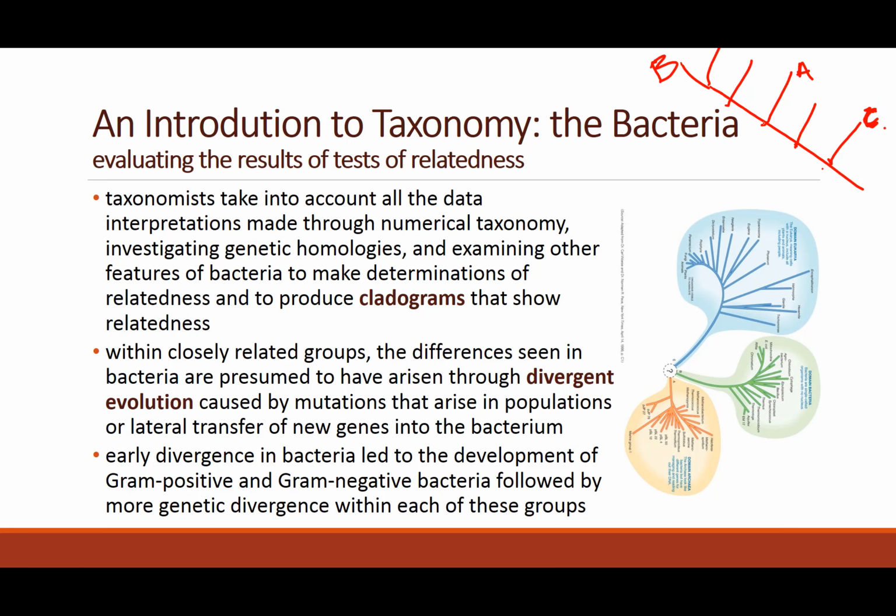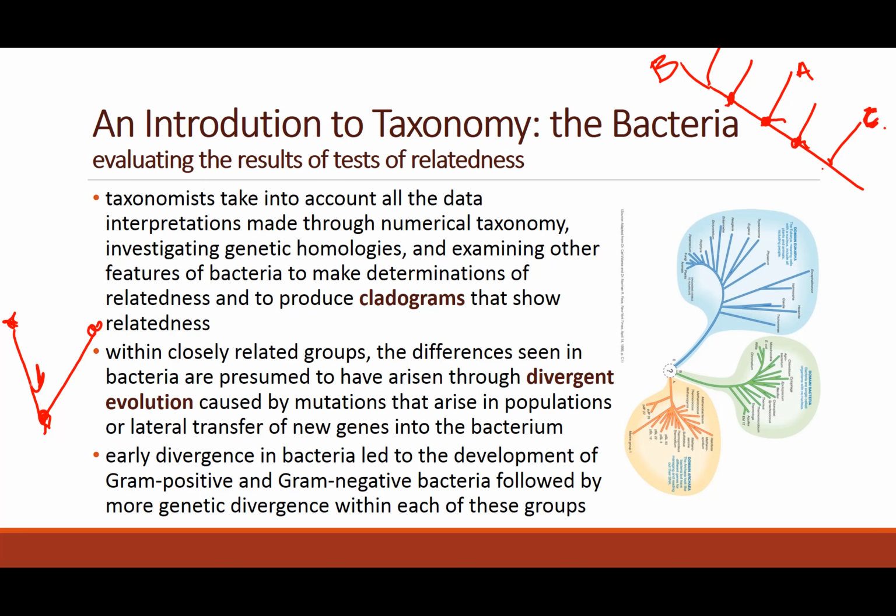And so when we see differences, and that's what these branch points are, they tell us that a new characteristic has evolved, then we assume that is divergent evolution, that at that point we had a common ancestor, and from that branch point new species evolved from this common ancestor.